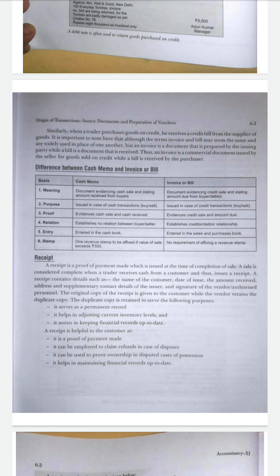It is also very helpful for customers. It is a proof of payment and can be used to claim a refund in case of disputes, to prove ownership, and to maintain financial records.